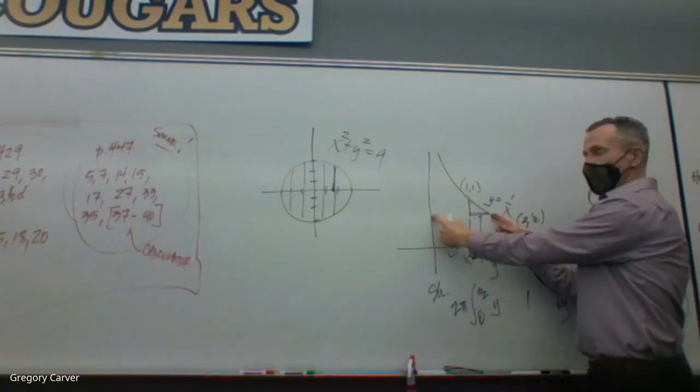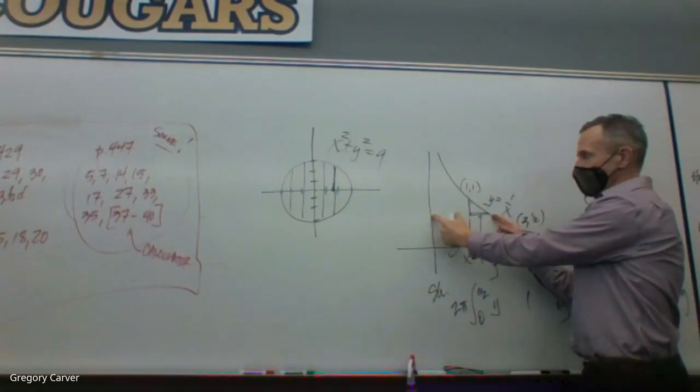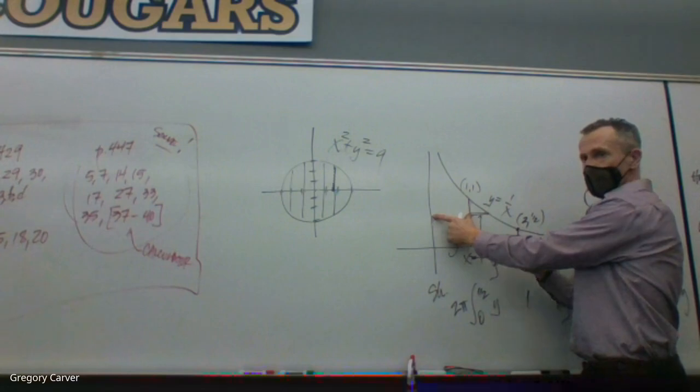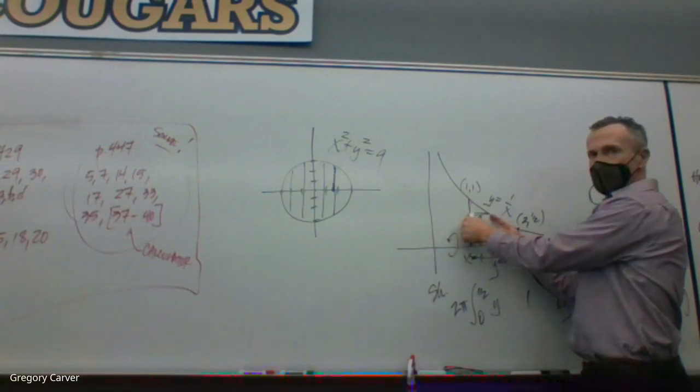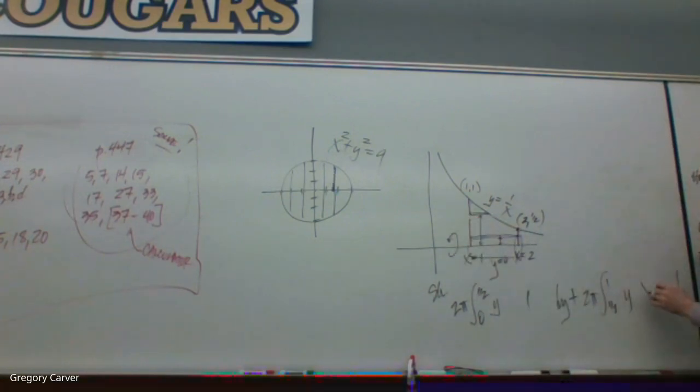So isn't this x1 minus x2? I'm just going to pencil this in for a second. I can't have x's. These are y values. So what's x1? No, that's x2. It's rightmost minus leftmost.